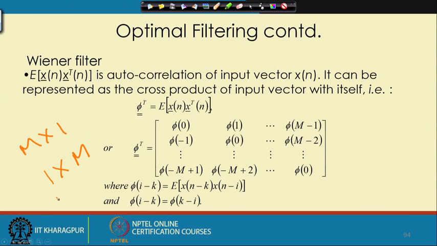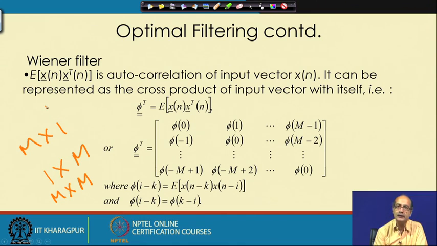So, after multiplication we get an m by m matrix. Okay. As we are taking the cross between the same signal, the observed signal x, we call it autocorrelation, and we get an autocorrelation matrix of dimension m by m.